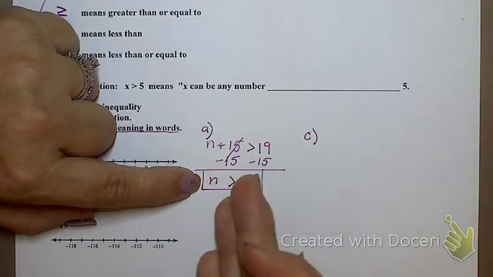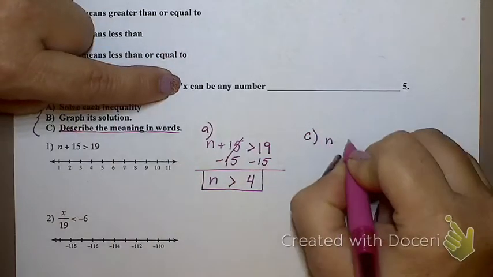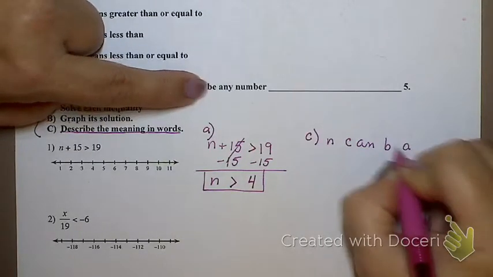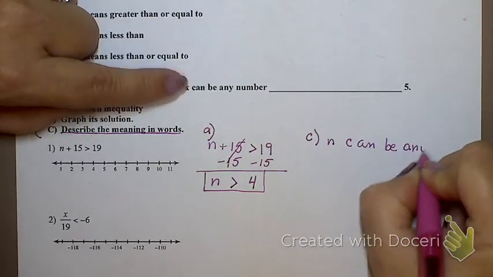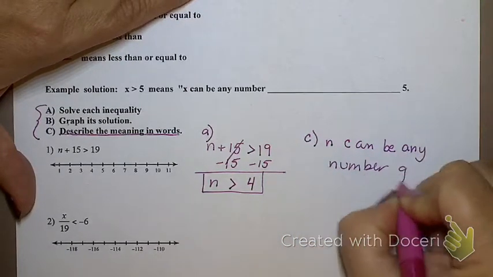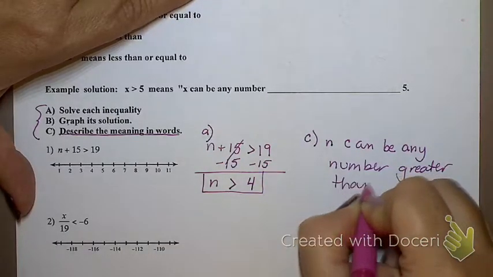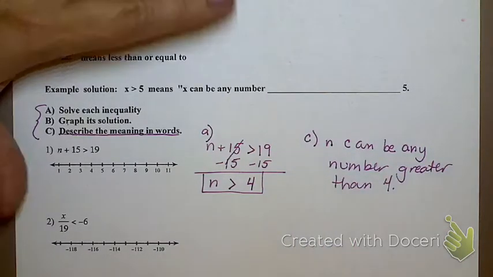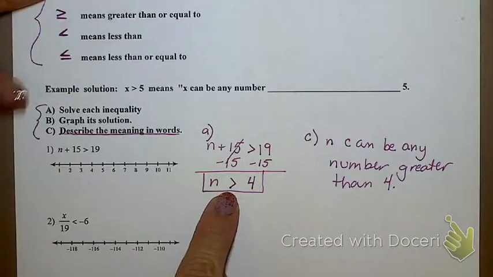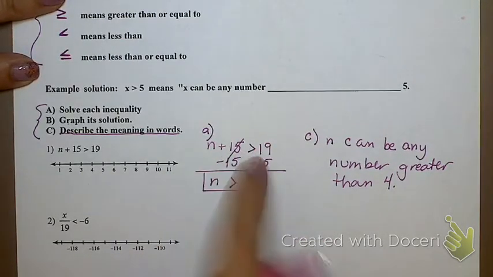Any number greater than 4 can be N. So N can be any number greater than 4. That's what this is saying: any number for N that's greater than 4 will make this a true statement.